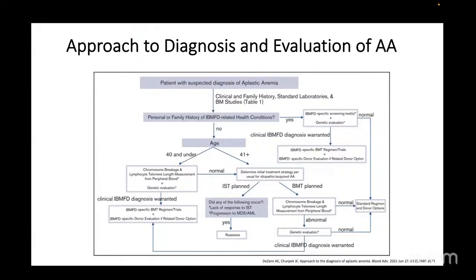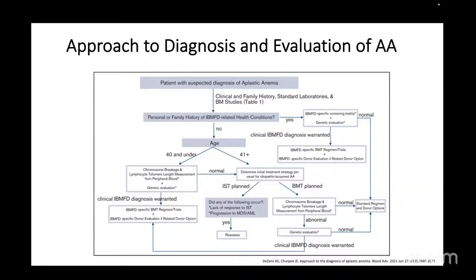This table is taken from the article by Emma Dezern, who has done some pioneering work in use of ATG in aplastic anemia, and it's a recently published article in 2021. Not so recent, but yeah.